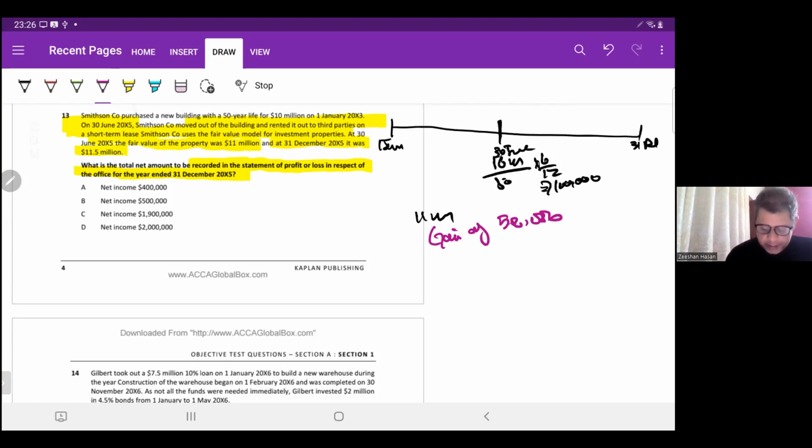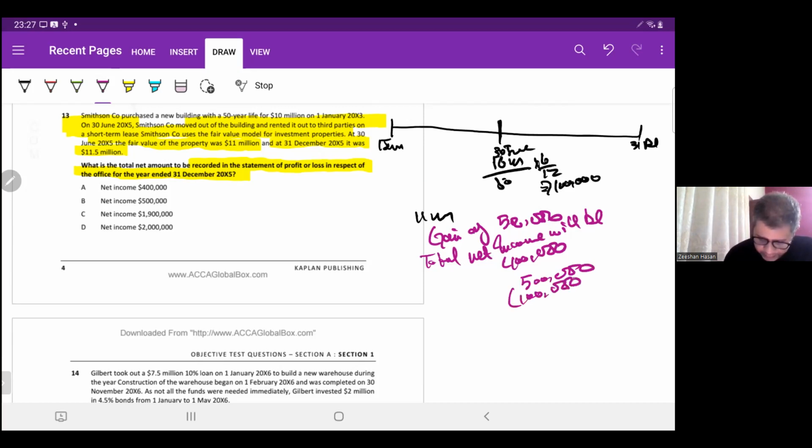So therefore, total net income will be 400,000, being the 500,000 fair value gain less the depreciation expense of 100,000 for the first 6 months, right? Because total 500,000, but less 100,000 depreciation, which we calculated above for the first 6 months. So the total gain will be 400,000, right? So net income is 400,000.